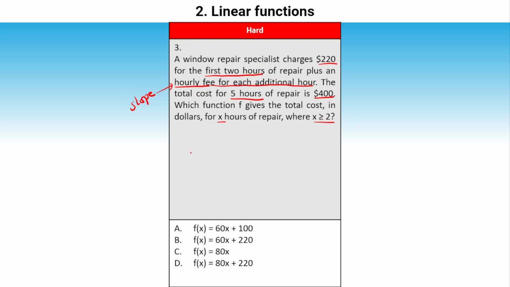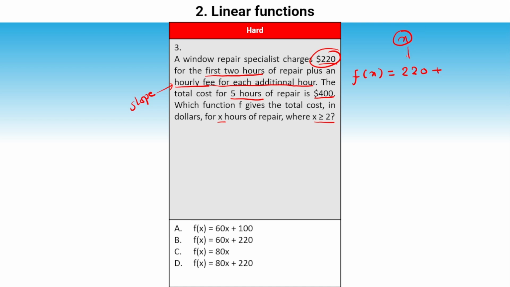So let's explain this in terms of the function. Let's say f of x is the total cost, which equals 220, since that is already taken for 2 hours. That is 220 plus, now let's say x is the total hours.